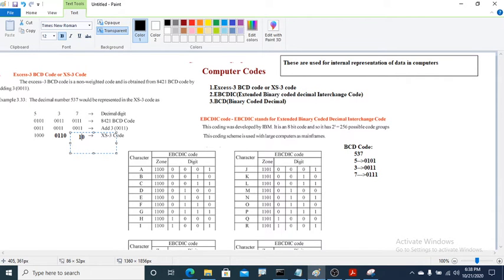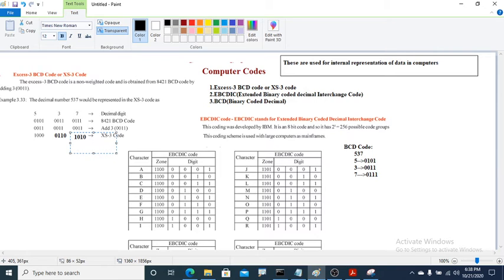Again 1 is the carry, 1 plus 1 is 1 0, so I'm taking 0 here.